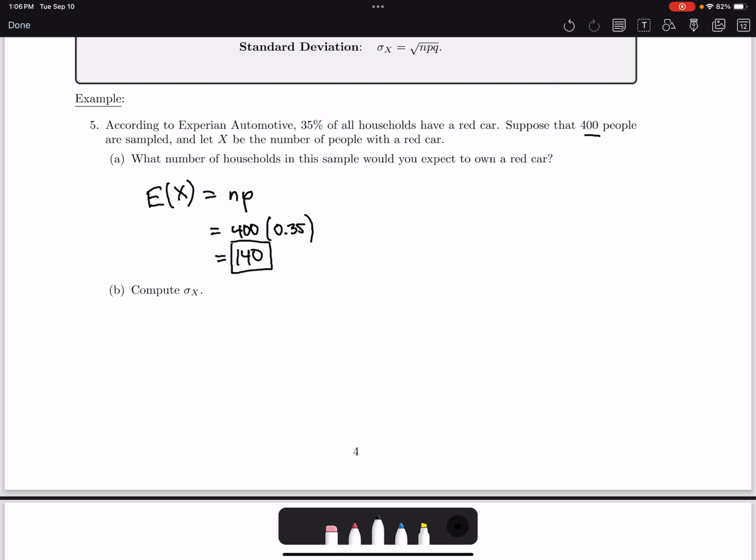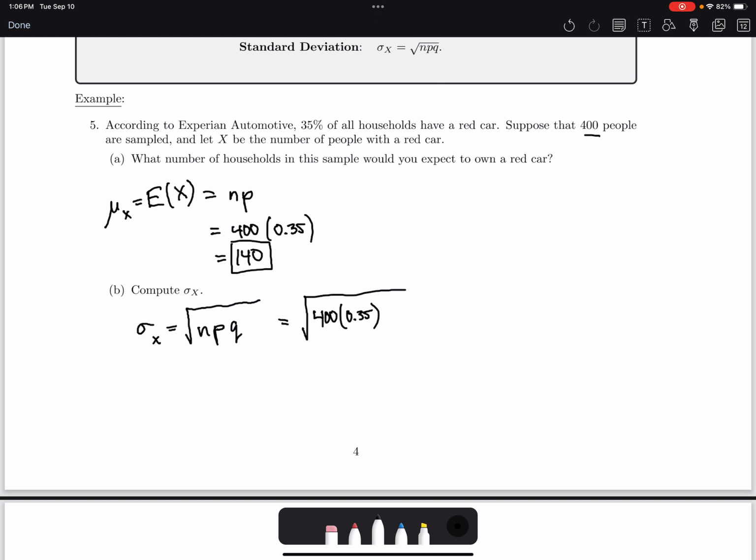Part B asks us to compute sigma sub x. By the way, the expected value is the same as the mean, mu sub x. Sigma sub x, the standard deviation of our random variable x, is the square root of n times p times q, which in this case is n equals 400, p is 0.35, and q is 1 minus p.